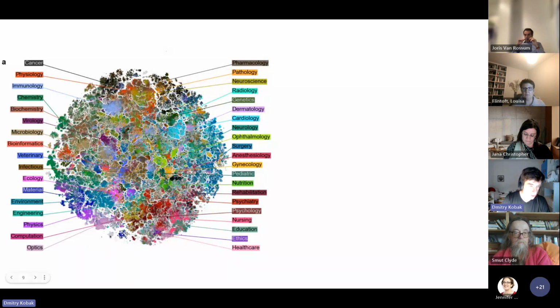Even just looking at this picture, we see that there's a lot of structure here, and it seems to make sense. First of all, all the papers on any given topic, like virology or bioinformatics, are close together. This means that our language model did a good job, and our t-SNE 2D visualization also did a good job. We see that psychiatry and psychology are close together and merge into each other, which also makes sense.